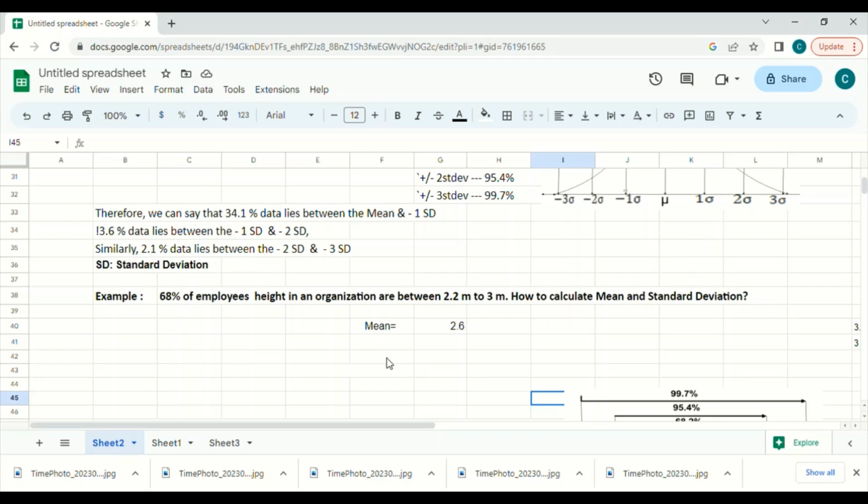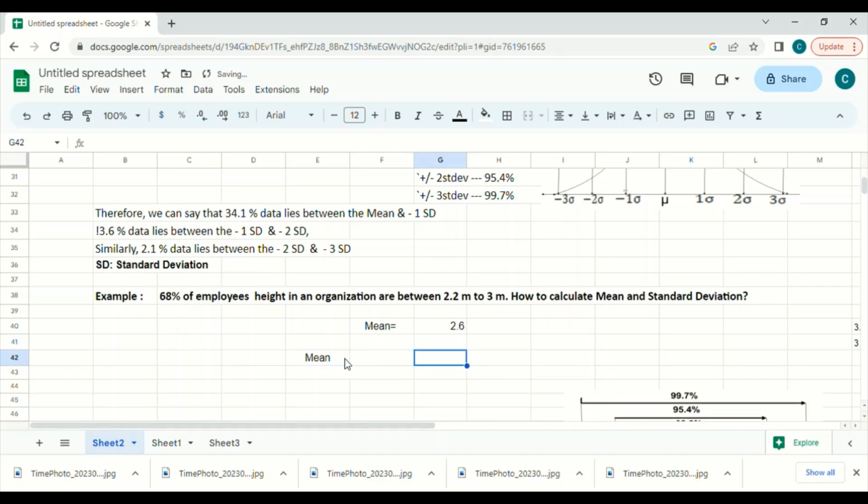So if we draw the x-axis of the normal distribution here, we can see the mean, +1 standard deviation, 1 SD, and here -1 SD.